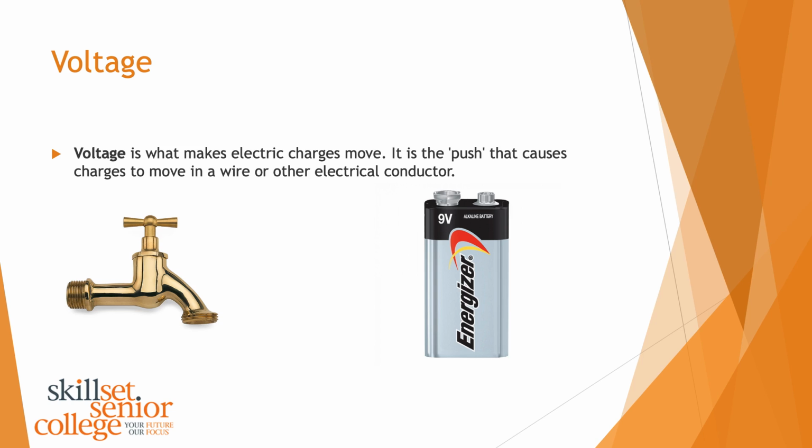If I open that tap a lot, i.e. I put a lot of pressure through there, it's going to push a lot of water through. So imagine your 9 volt battery here, okay, it's going to be able to push a certain amount of electrons through the circuit. If that was a 90 volt battery, it's going to push even more through. There's more pressure it can put onto the circuit.